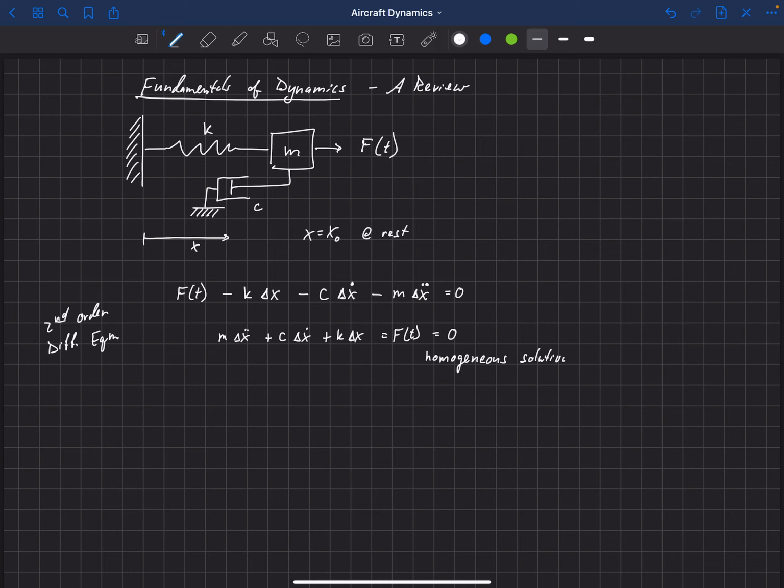We could look at other solutions where the forcing function is non-zero, but that's beyond the scope of the current class. So we're just going to look at the homogeneous solution.